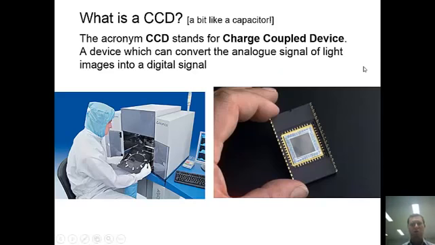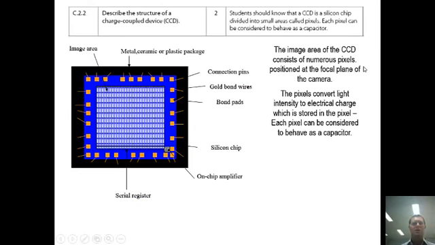So how it works is, first of all, we have set up our CCD, and it can be placed into a camera or a camera-like object, and on the focal plane of the camera we place this silicon chip. Now what happens is that the pixels, each of the little sections on this silicon chip, are each able to convert light intensity into electrical charge, which is stored on the pixel.